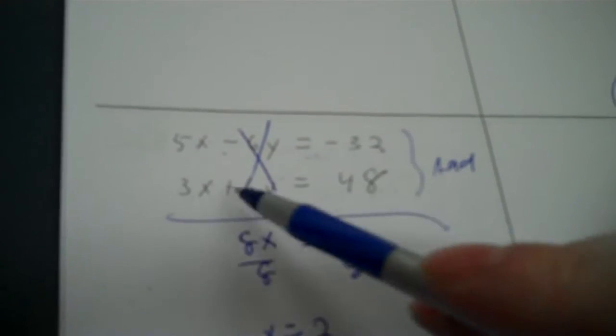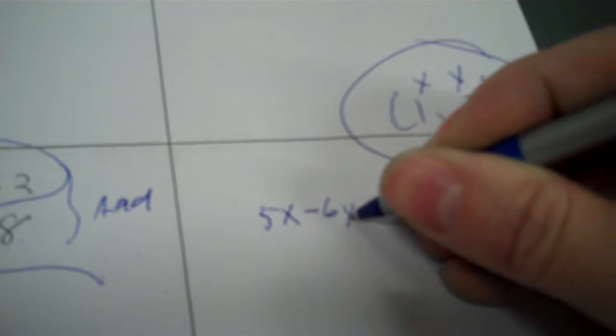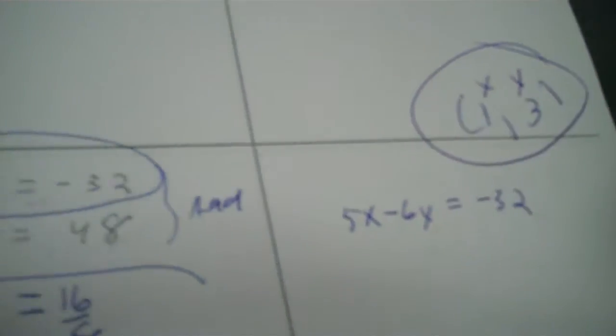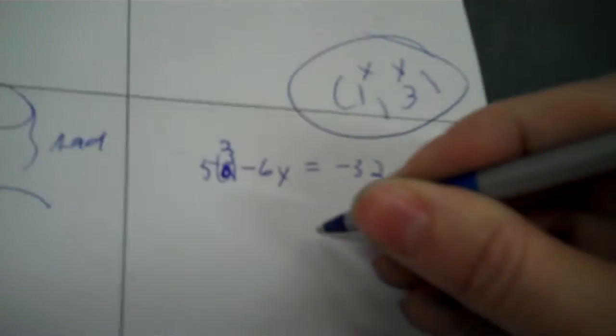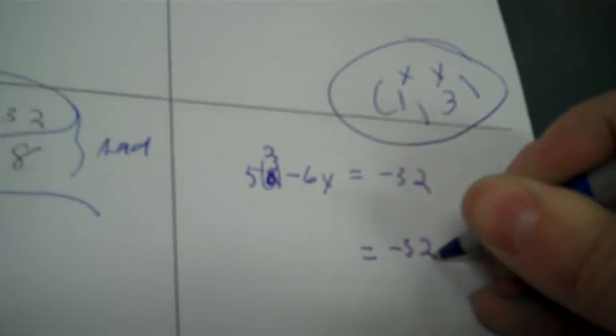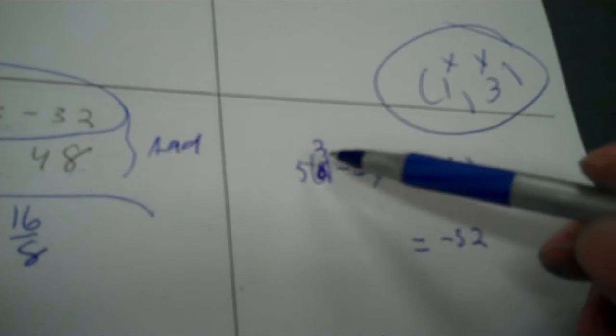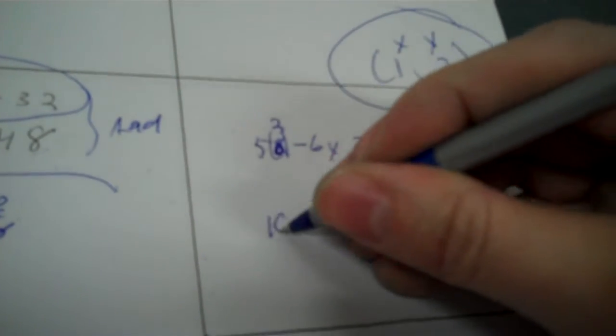Now, take one of the two equations. It can be the top or the bottom. Let's go with the top just to be consistent. So 5x minus 6y equals negative 32. So I have my answer for x, okay? It's 2. Now first, let's take 5 times 2. That's going to be 10.